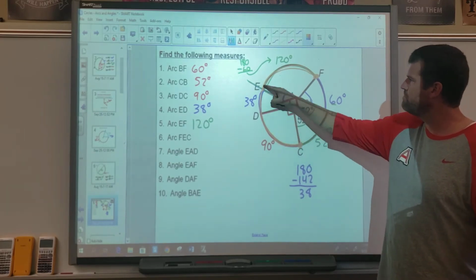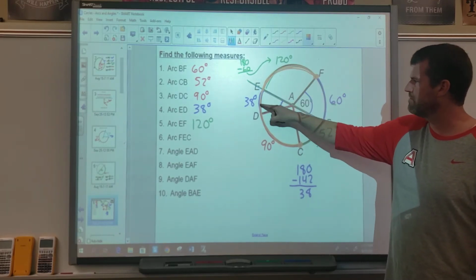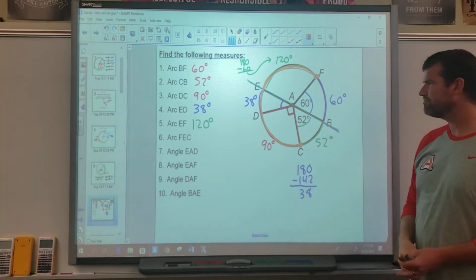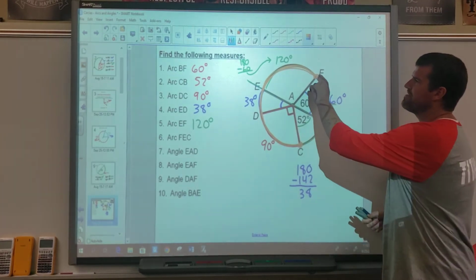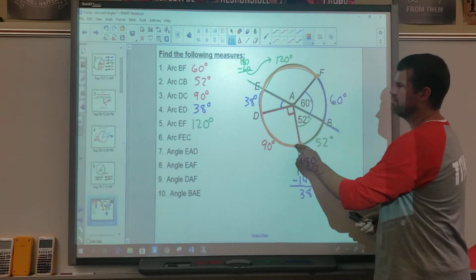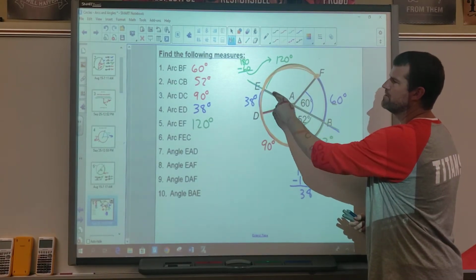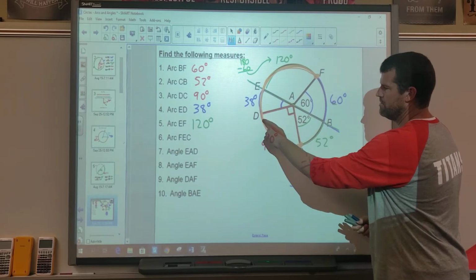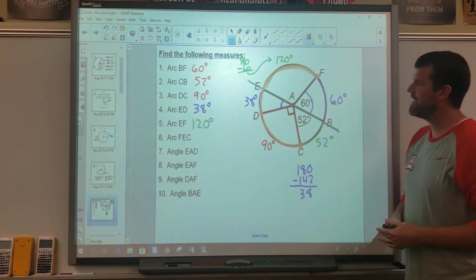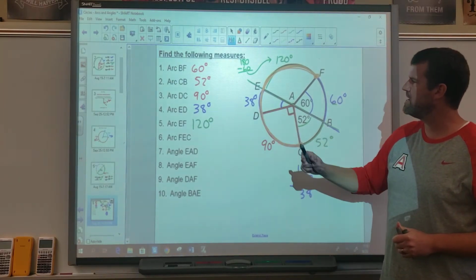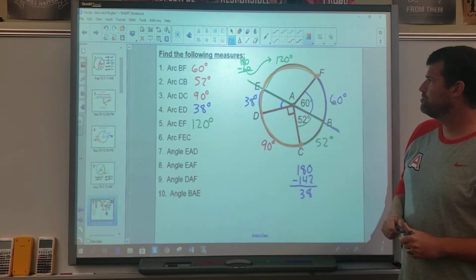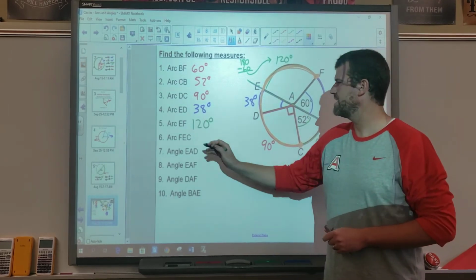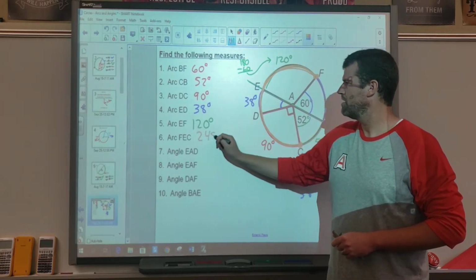Well, how can I find the measure of that big arc, or of that major arc? You could do it a couple of ways. One way would be just add the pieces together. We've got 120, we've got 38, we've got 90. So if we add 90 plus 38 plus 120, that should be 248 degrees.